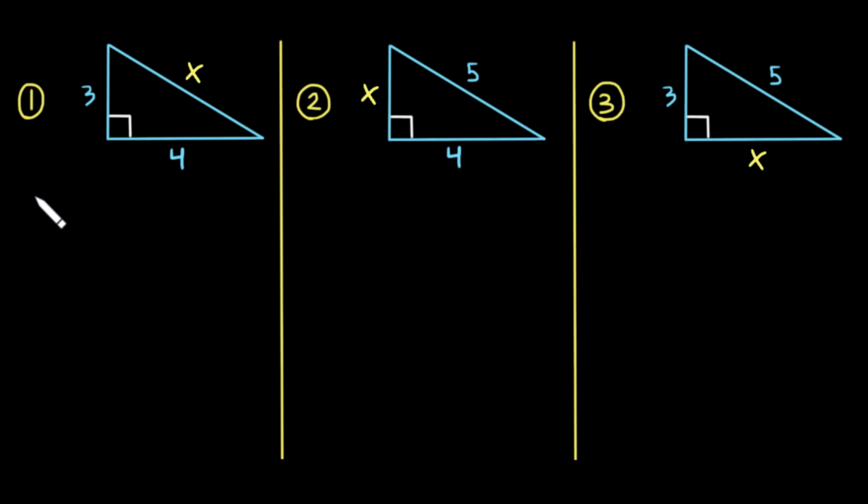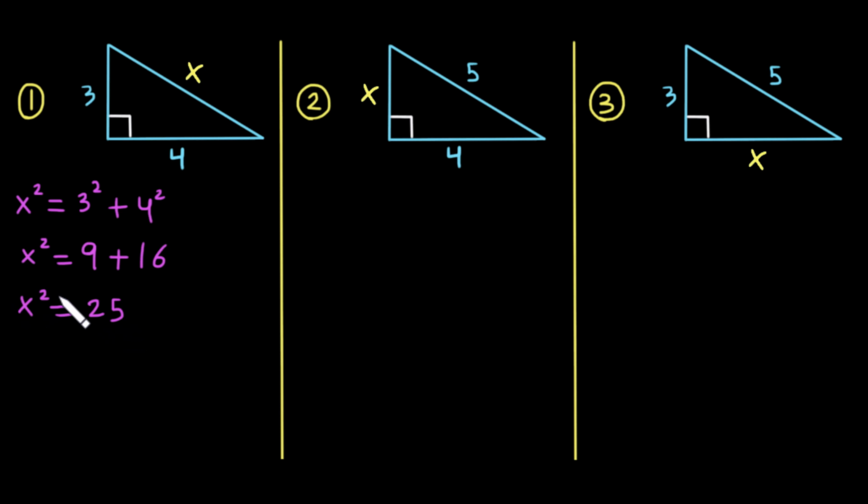So x square equal 3 square plus 4 square. x square equal 3 square, which is 3 multiplied by 3, which is 9, plus 4 square, which is 4 multiplied by 4, which is 16. Now, to simplify, x square equal 9 plus 16, which is 25.